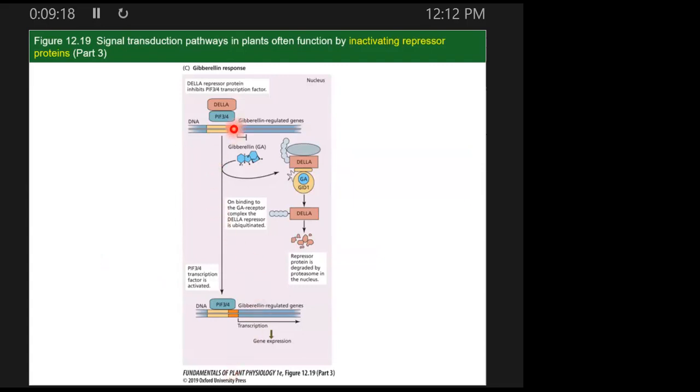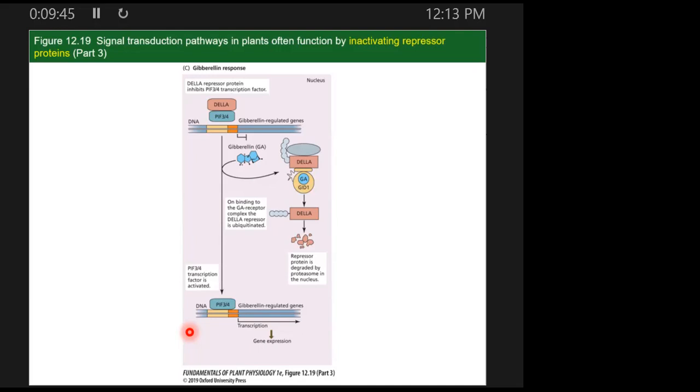So as soon as this repressor protein comes off, that's kind of like the signal, go ahead and transcribe. So it's all context driven.